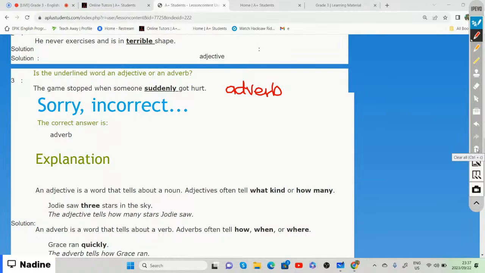An adverb can tell us how the person got hurt, when the person got hurt, or where the person got hurt. This person suddenly got hurt, so basically this is telling us how the person got hurt. Suddenly, and it ends in ly.